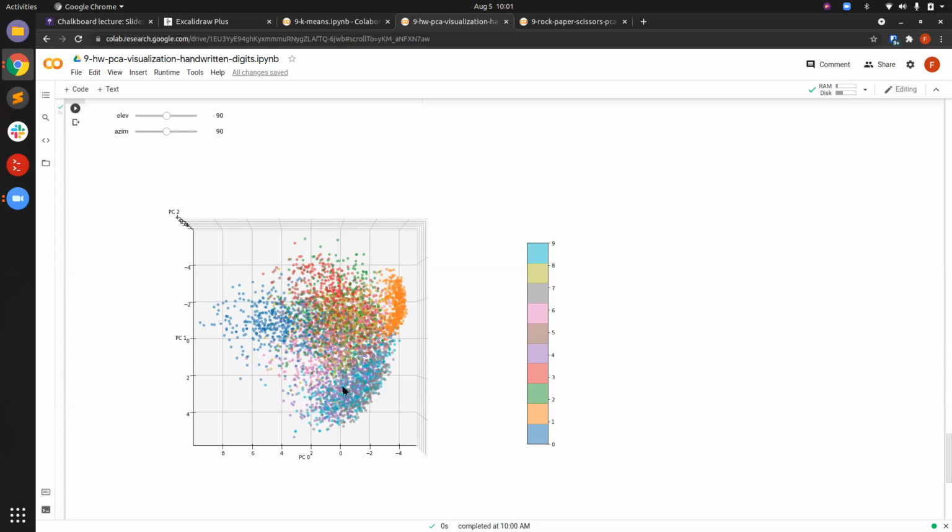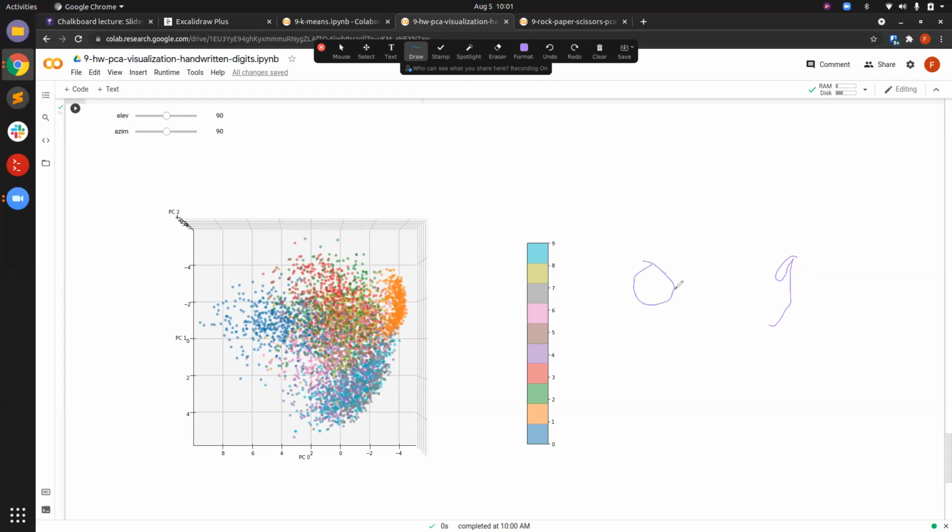But for some 9s, it is not helpful. We can imagine what those 9s might look like. If you have a 9 that looks like this, the principal component that says have writing in the middle of the image but not outside is very helpful. But if you have a 9 that looks like this, you could see how it would be less helpful. So then we'd have a magnitude of 0 or close to 0.